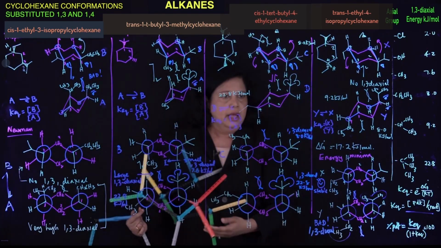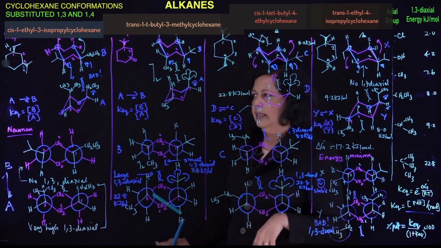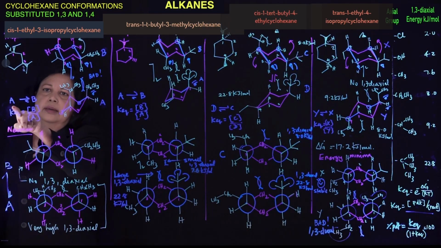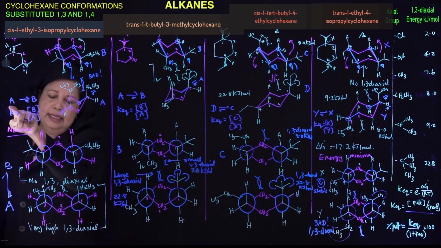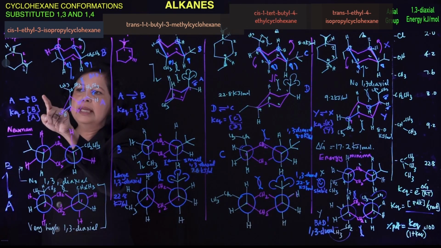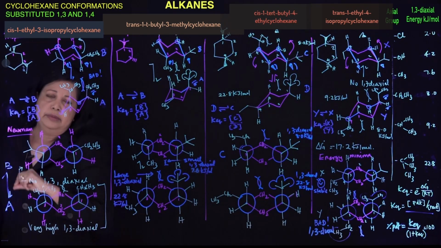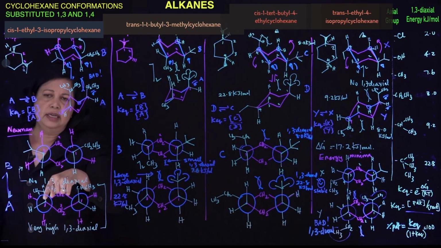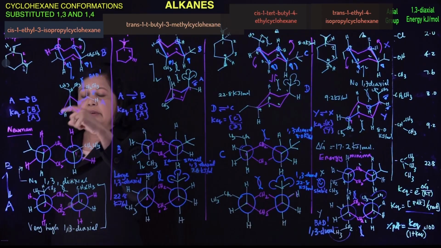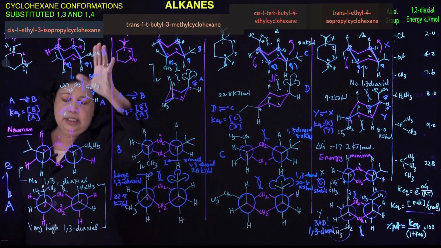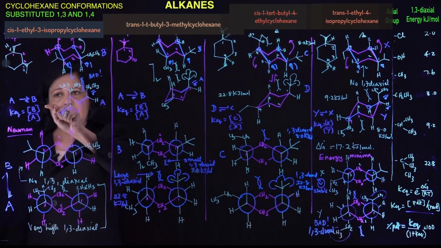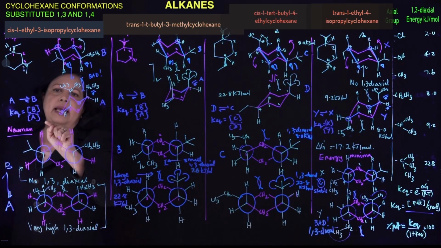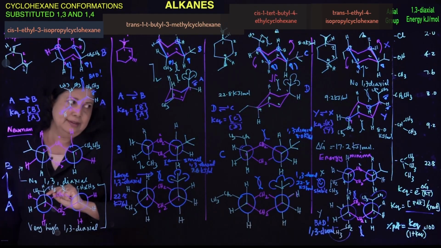Another thing I'd like to point out is when we write out our equation, we are going from less stable to more stable in our K equilibrium definition. So in here, the B is your product, A is your starting material in a reaction, but this is not a reaction, this is just a rotation. But even then, we will put the more stable up and the less stable down.